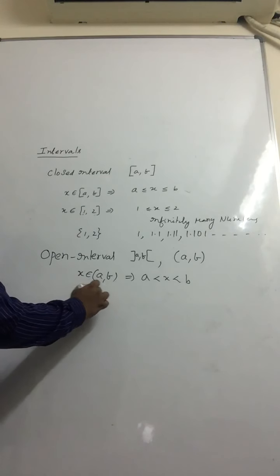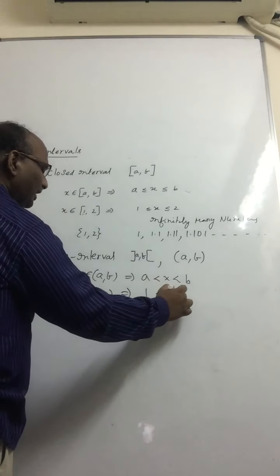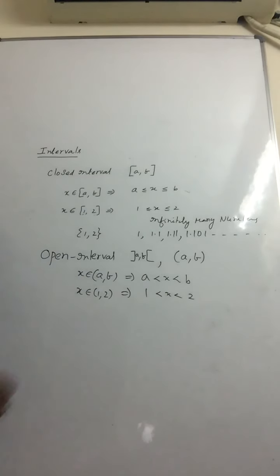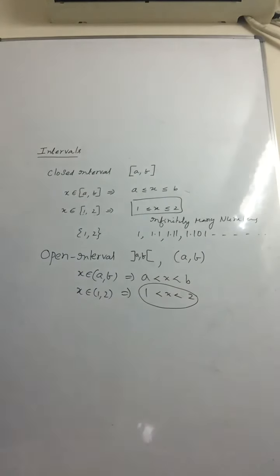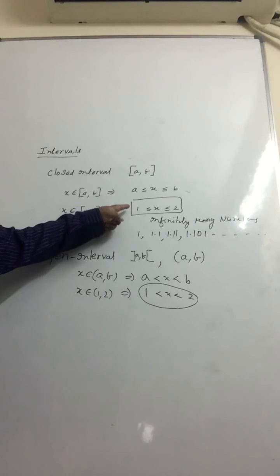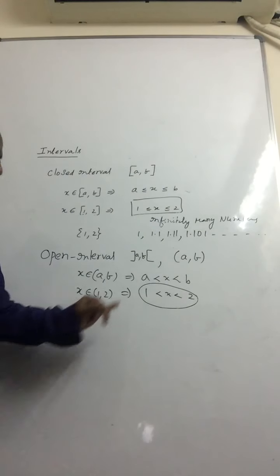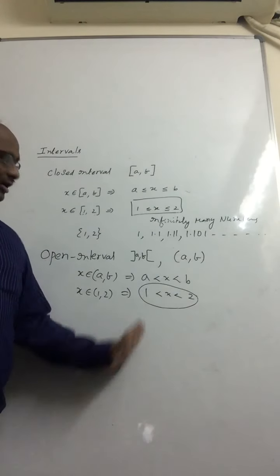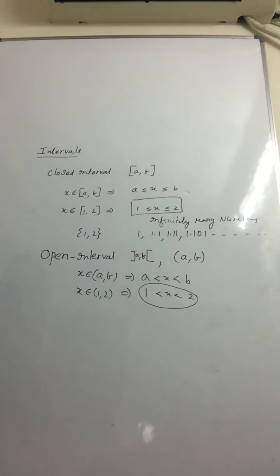If I say X belongs to (1, 2), you have to understand that X lies between 1 and 2. What is the difference between this and this? Here we can take all the numbers between 1 and 2, including boundaries, 1 and 2 I have to take. Here I should not take boundaries. This is the major difference between closed and open intervals.